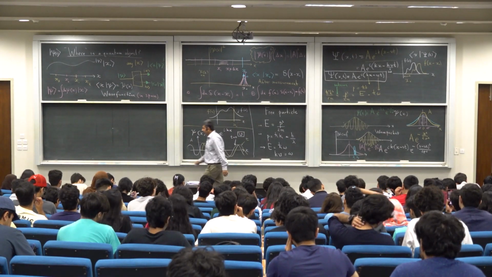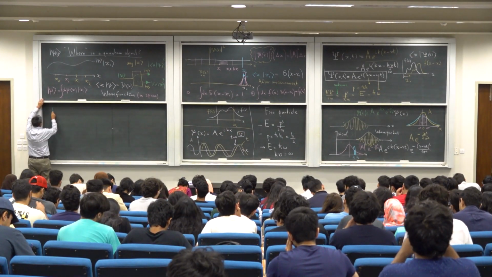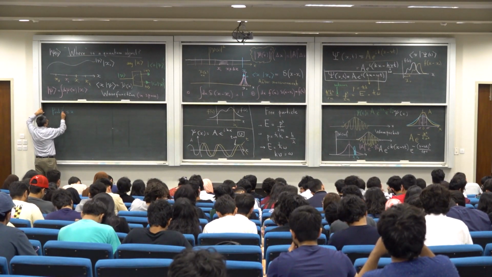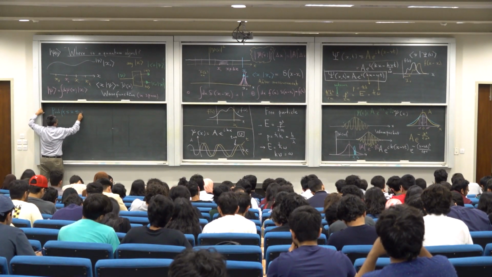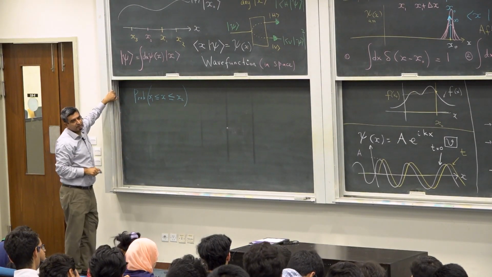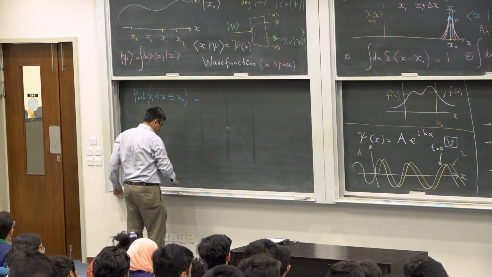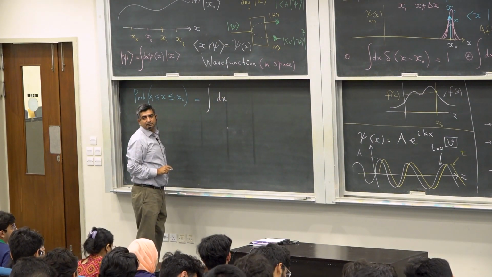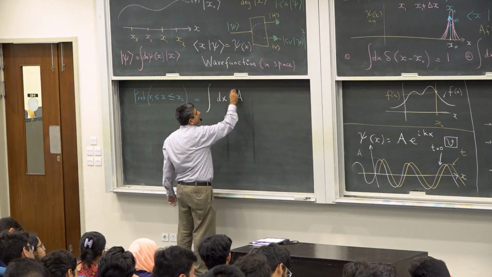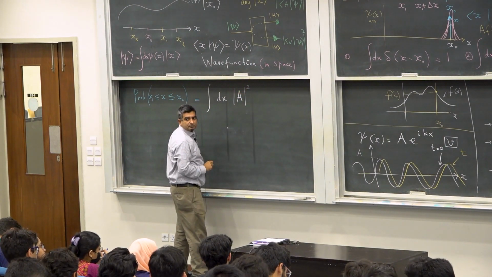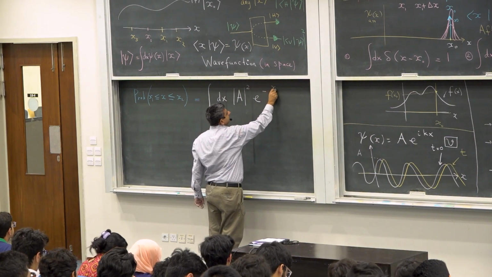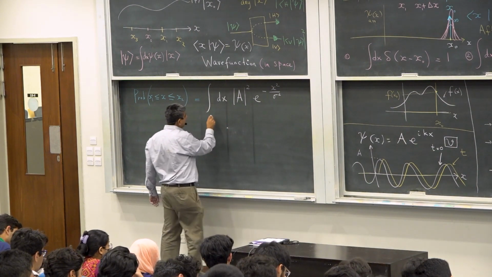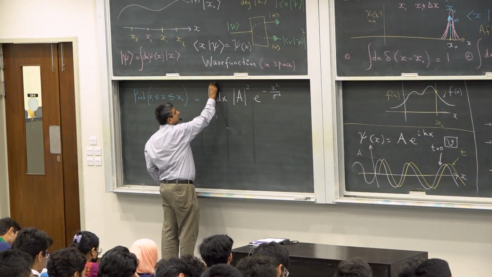So the probability of locating the particle between x1 and x2 after a position measurement is going to be given by the integral of dx, mod A squared, e to the minus x squared over sigma squared, from x1 to x2.